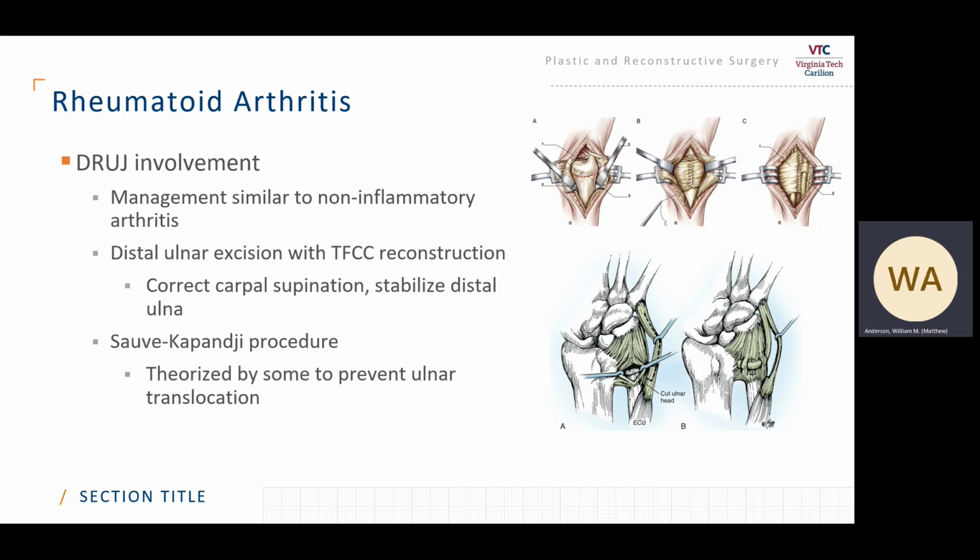Some people theorize that this is actually a superior procedure to the Darrach, primarily because it supposedly prevents ulnar translocation and is therefore of particular use in rheumatoid arthritis. There's a couple pictures here of DRUJ reconstruction and preservation of the TFCC.